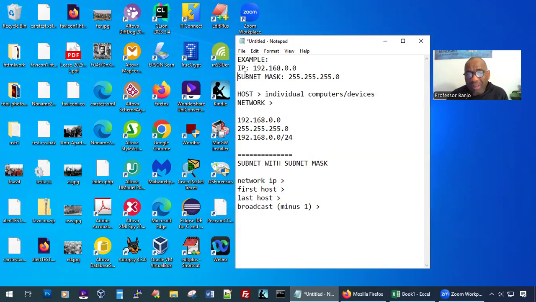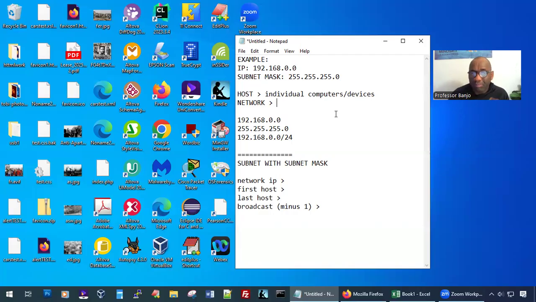So when you look at a subnet mask, from some examples we're going to do, the subnet mask is going to help us determine how many hosts we can have on the network, how many hosts the network can support.